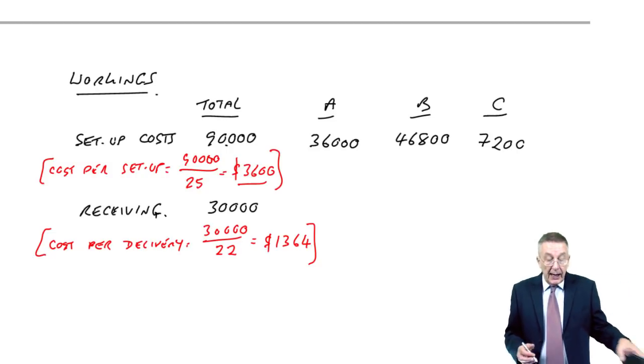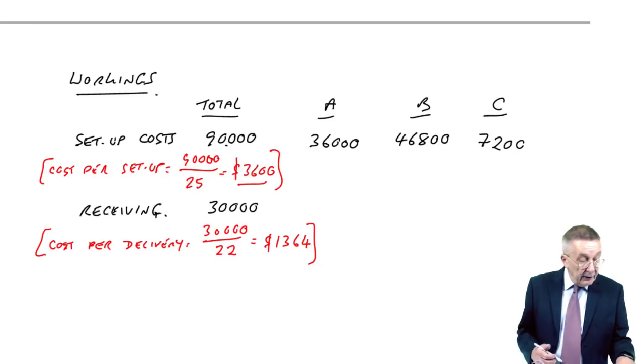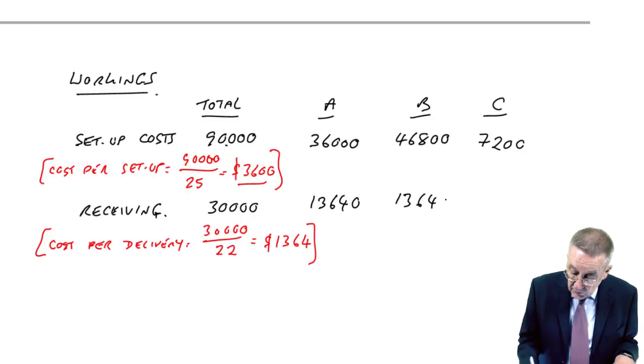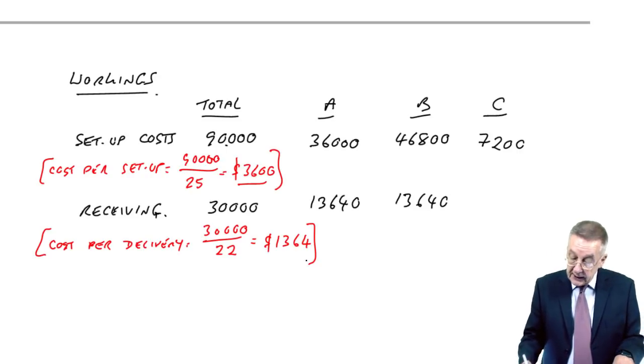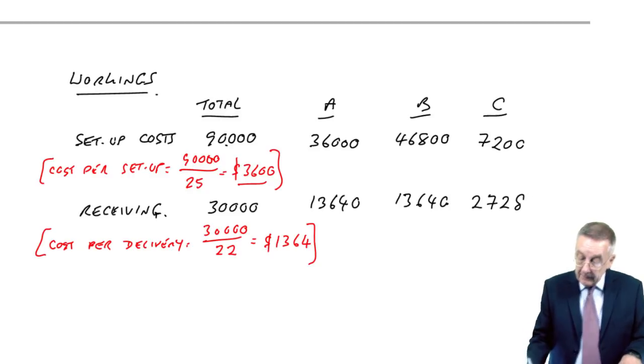However, I've rounded it, so now let's charge it to the products. A, there are 10 deliveries, so 1364 is 13640. B, 10 deliveries, 13640. C, 2 deliveries, 2 times 1364 is 2728.